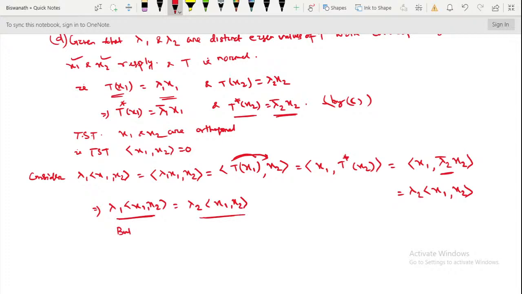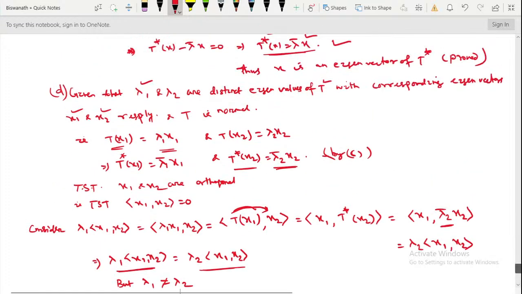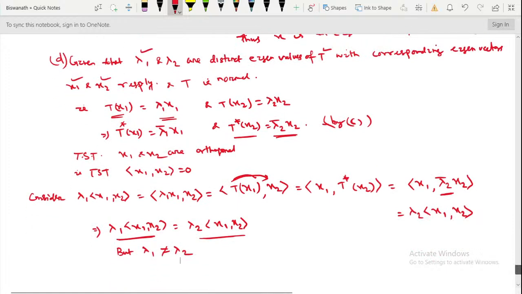But lambda 1 is not equal to lambda 2 because it is already given to you that lambda 1 and lambda 2 are distinct eigenvalues of T. Distinct means they are not the same.